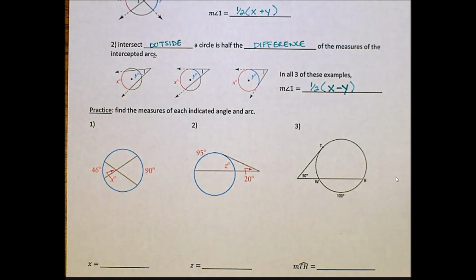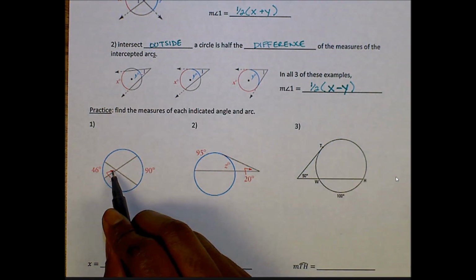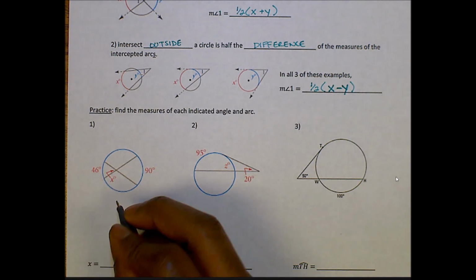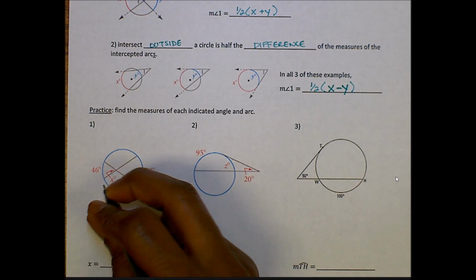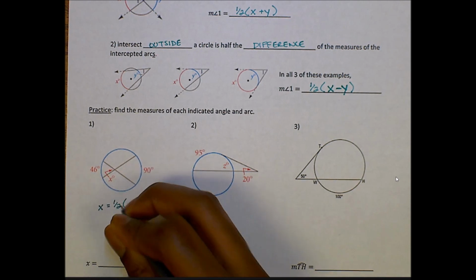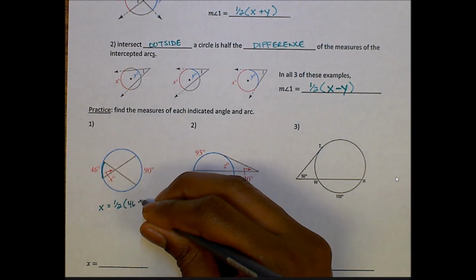Alright, so a few examples here where we're finding the measure of the angle. First problem here, we're trying to find angle x. Angle x happens inside of our circle, and so we know that x should equal 1/2 of the intercepted arcs. In this case, it'll be 46 and 90.